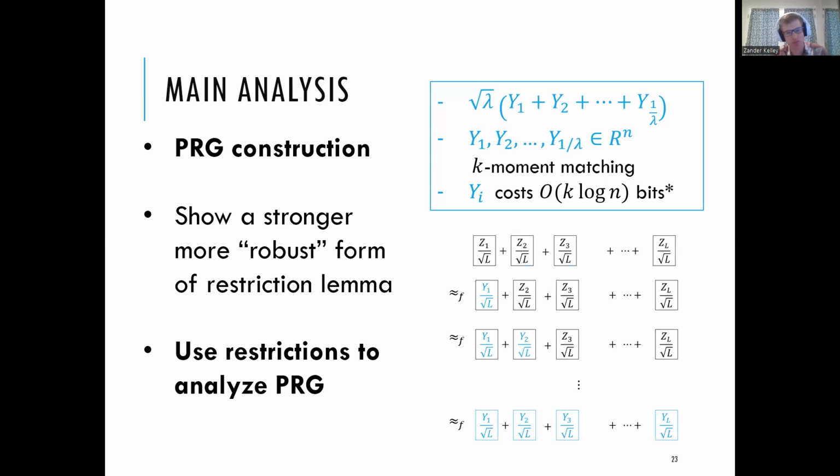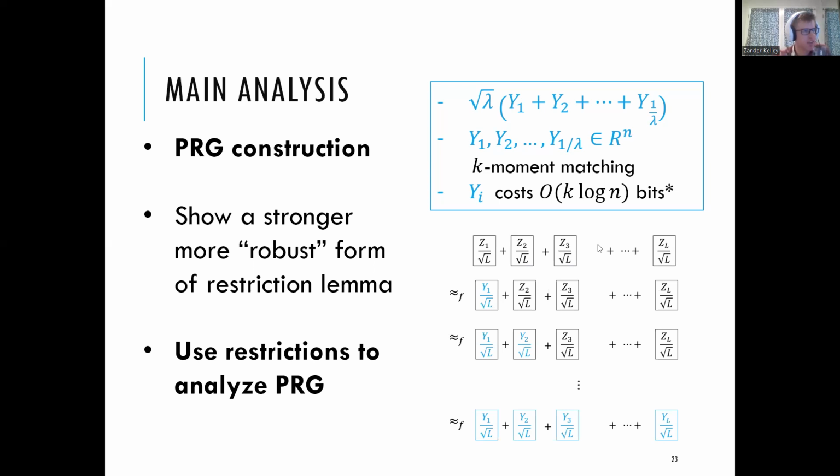And then I just want to give the slightest idea of how a restriction lemma could be useful for analyzing this construction. To see how this could be useful, first consider that a truly random standard Gaussian could be equivalently expressed as the weighted sum of some L independent standard Gaussians.